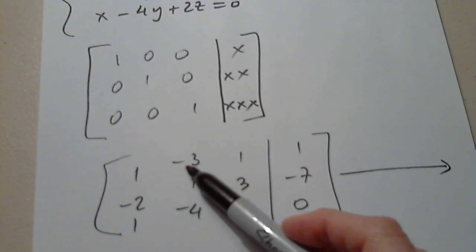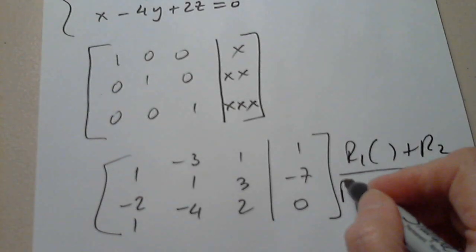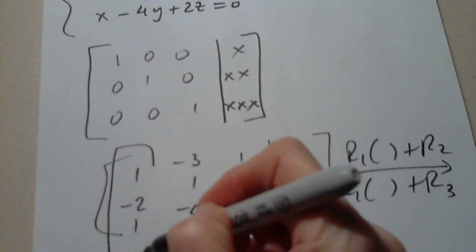Okay, so I have to multiply row 1 by something to add it to row 2, and row 1 by something and add it to row 3. What do we multiply by? Would it be 3? So we are looking at the first column.